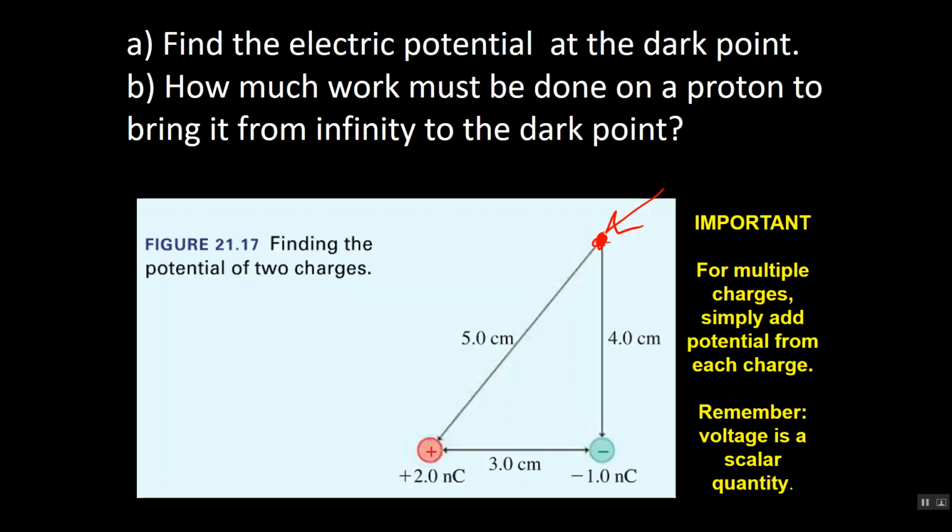What did we talk about just in the previous slide? What was the formula for potential? Do you guys remember? Close? Not Q over R, but missing one letter. Yeah, potential is KQ over R. So voltage is equal to KQ over R. And so we could easily find out what the potential is based on these two charges, because those are the Q's that I'm talking about. Yeah, Bronwyn?